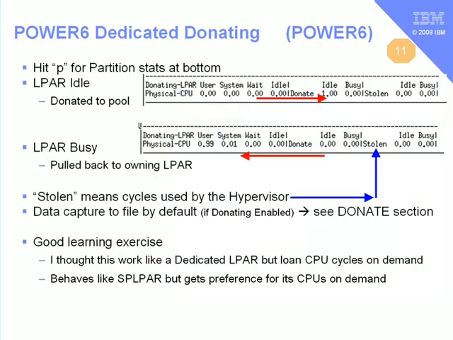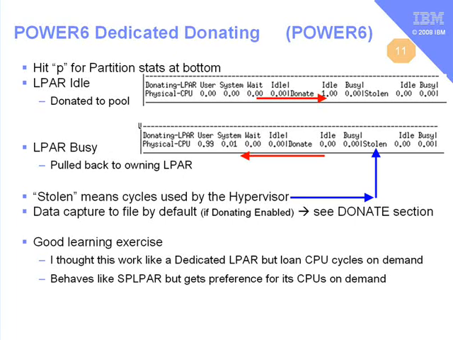If we hit P for the partition information at the bottom, we have this extra data. When the logical partition is idle, in actual fact all of the CPU cycles are donated to the shared pool. And then when this logical partition starts using its CPUs, it will immediately bring back the CPU cycles for its use.